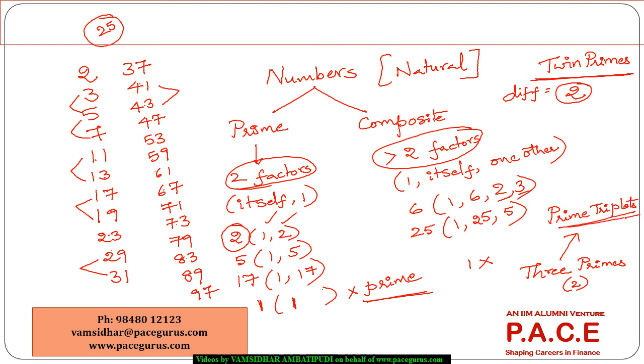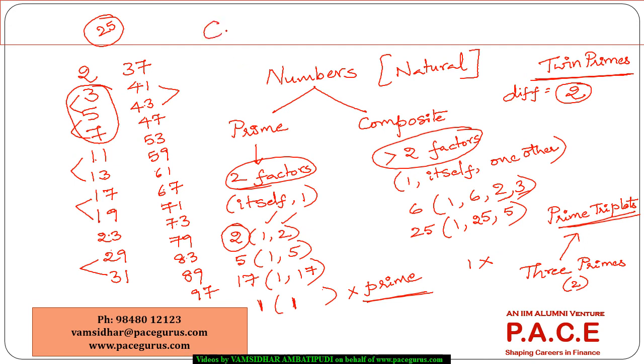So when you see that there are 3 prime numbers, all of them differing by 2, we typically classify them as prime triplets. You could see the only prime triplet is this one, 3, 5, 7, and you don't find any other prime triplet. So 3, 5, 7 is the one prime triplet that you can see. That's another important point that you can remember.